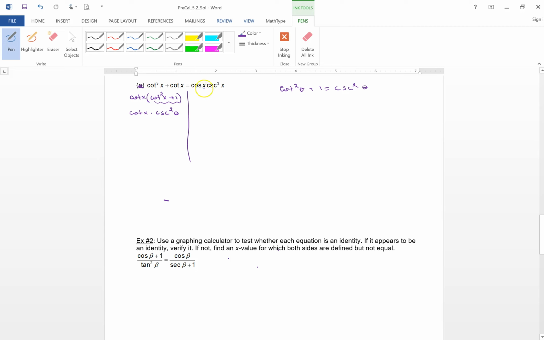Okay, over here I have some cosines, no cosines here, but I have the potential of a cosine in the cotangent. Let's switch this into cosine x over sine x times cosecant squared x. X, never switch the angles.